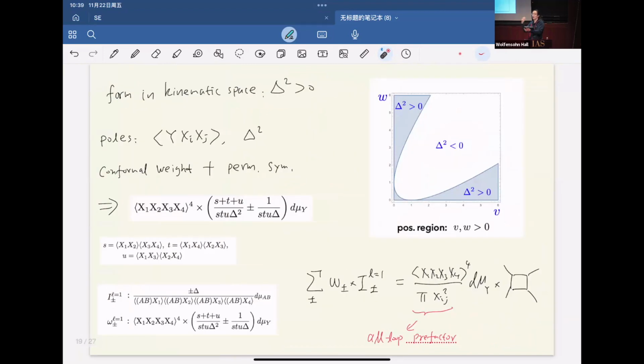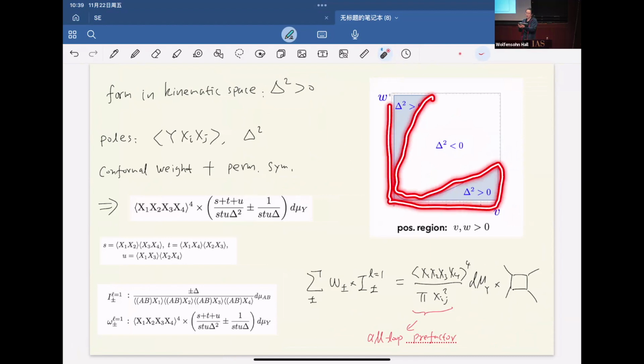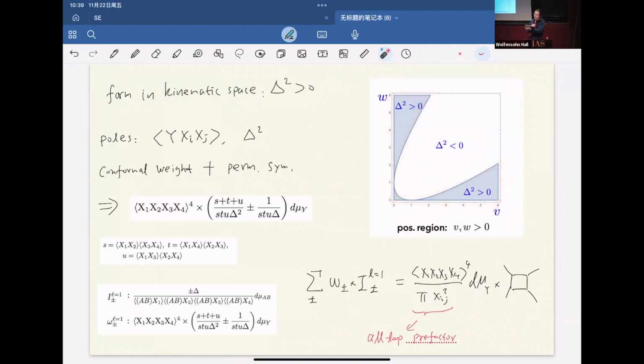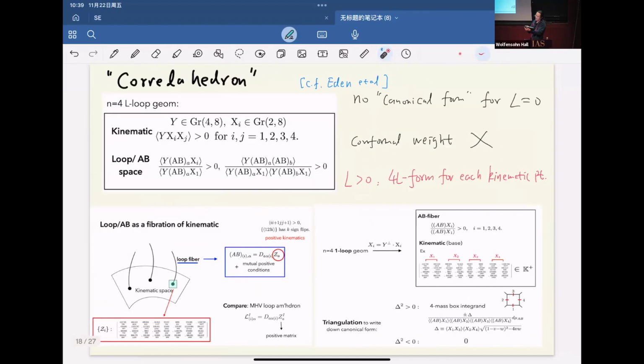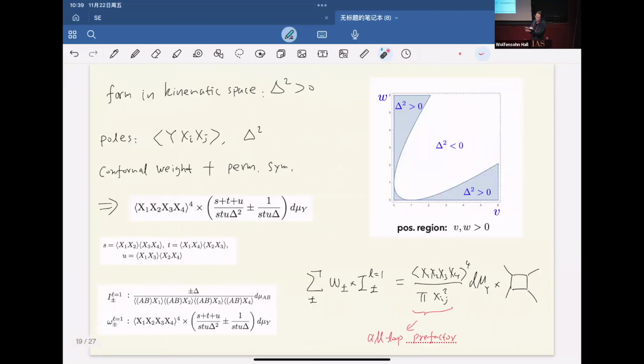So actually here, there's already something interesting. You really should focus on this region where the canonical form is non-zero and outside it is 0. And since these roots come from the leading singularity of the 4-mass box, which is the square root of the quadratic equation, the final answer is given by summing over these 2 roots.